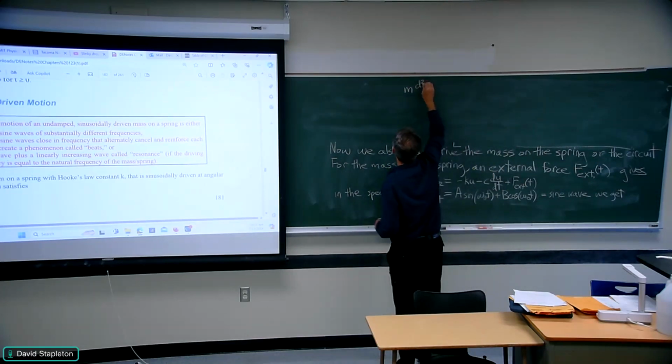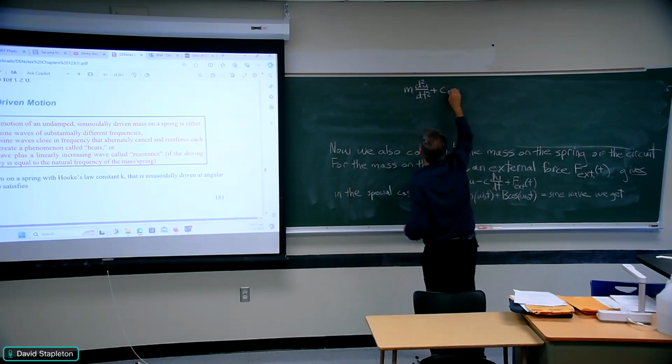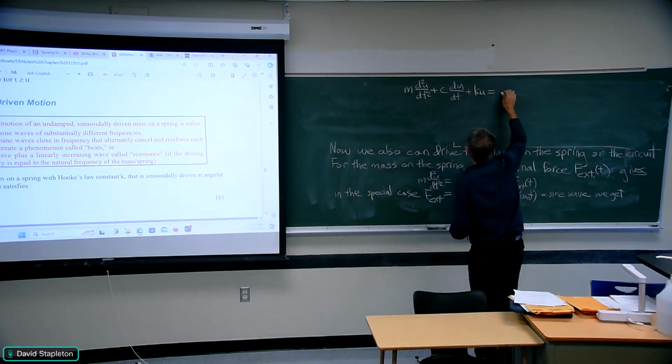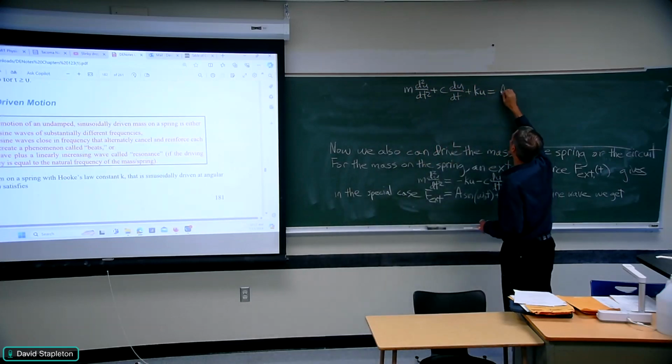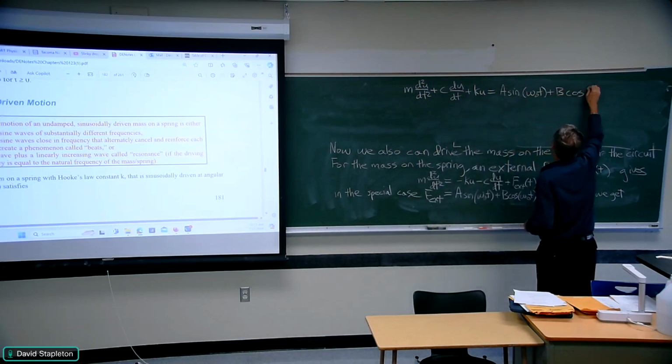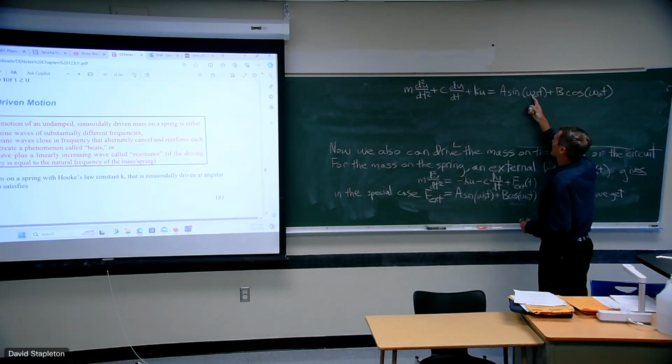You've got m d squared u dt squared plus c du dt plus ku equals a sine omega naught t plus b cosine omega naught t. And so omega naught is the angular frequency of the driving force.